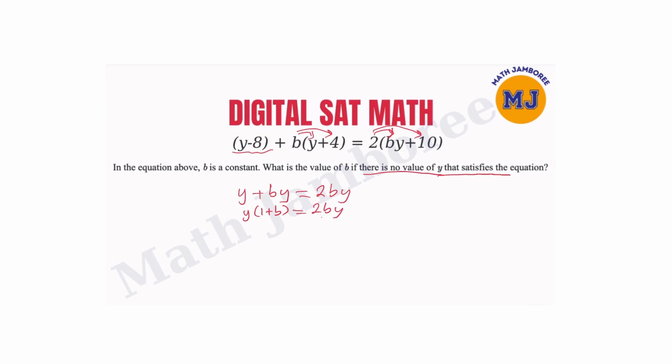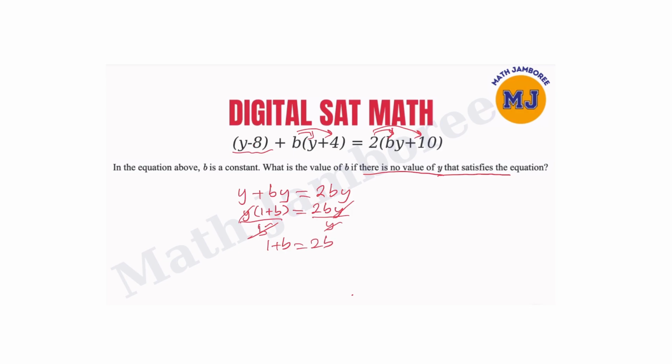We can get rid of the y's if you like, because if you divide both sides by y, you will receive this: 1 plus b is equal to 2b.